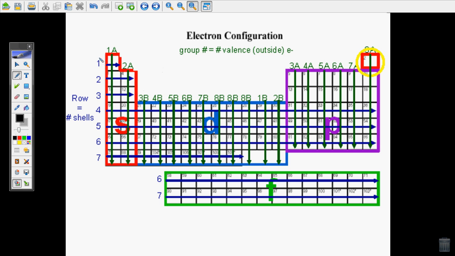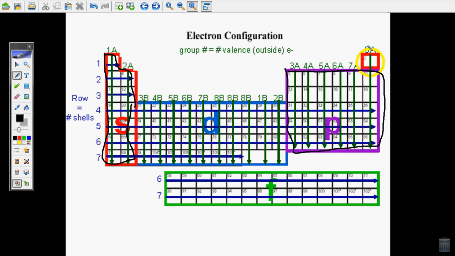So here, the rows or the periods indicate the shell. All these elements here, this is the s block. So their valence electrons are in the s block. All these here are the p block. All their valence electrons are in the p block.